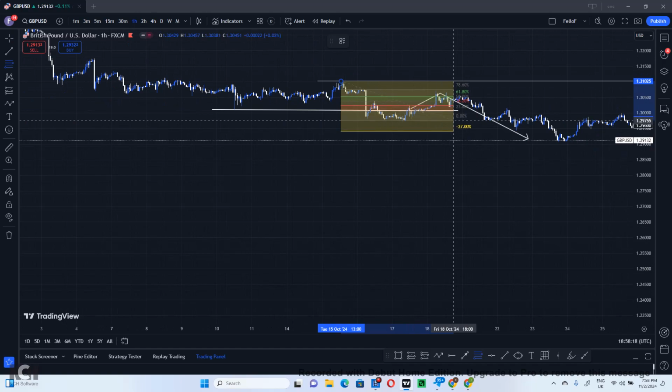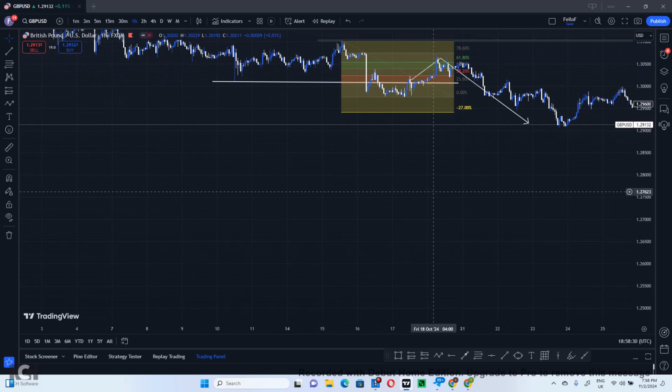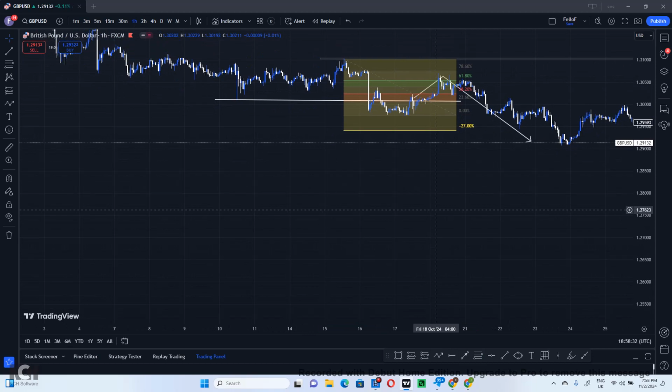Based on my strategy, I'm waiting for price to come back into my retracement levels from 50% and above. That's 50, 61.8 and 78.6. I start looking for my entries.